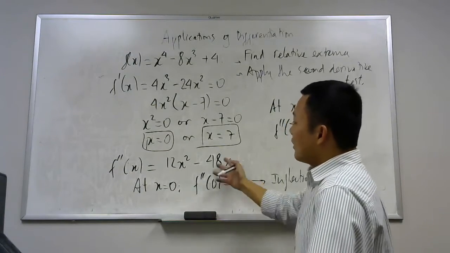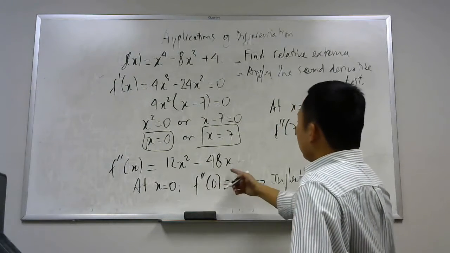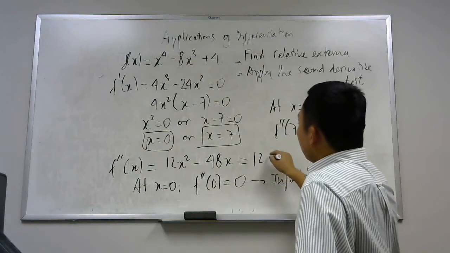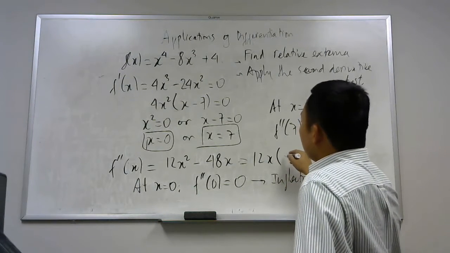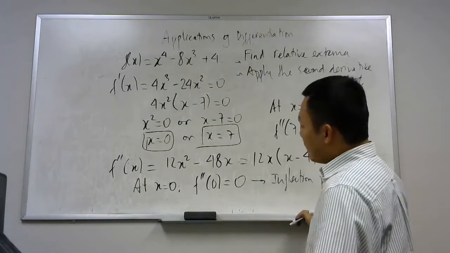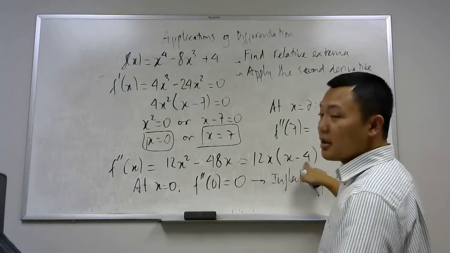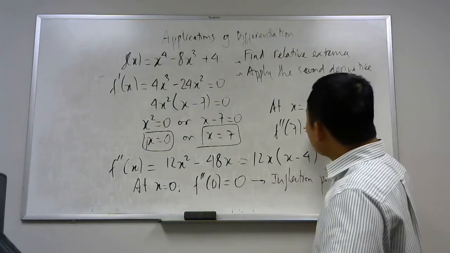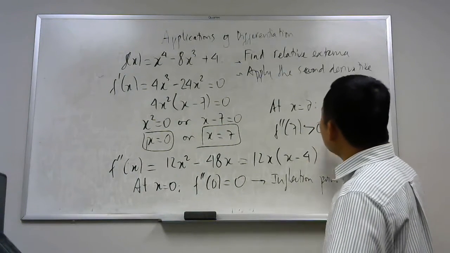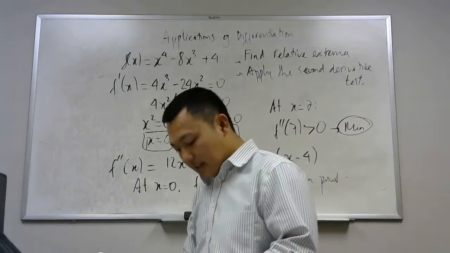So sometimes I don't need to find a concrete number, so I prefer to see the sign. Let me do it the following way. I factor 12x out, I have x minus 4 in here, right? So you can see, when I plug 7 into this, I get 7 in here, and then here is 3, which is positive. So in this case, f double prime at 7 is positive. This is your minimum. That's it.